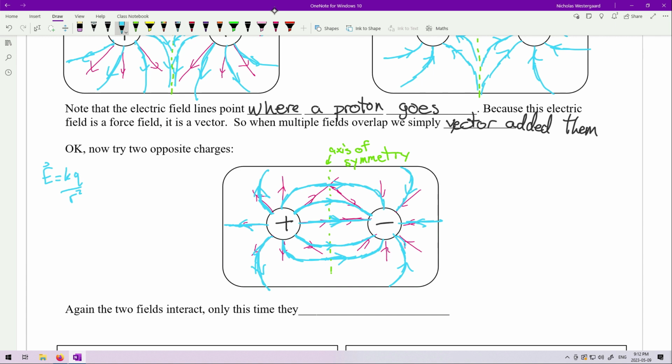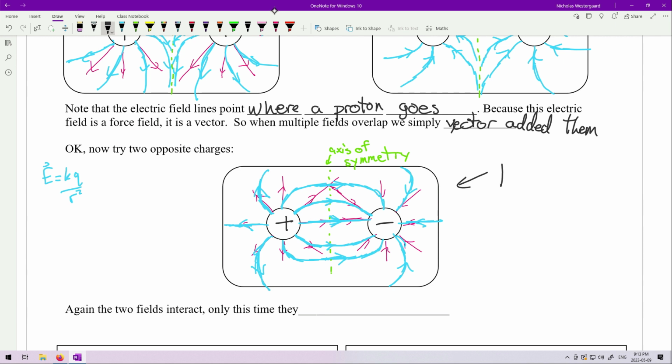So we get a little pattern like this where you can see if you follow the blue, it goes out of your positive charge and it curves around to go into the negative charge. Some of you might have actually seen something like this. This looks exactly the same as the magnetic field lines from a magnet. This actually has a particular name.